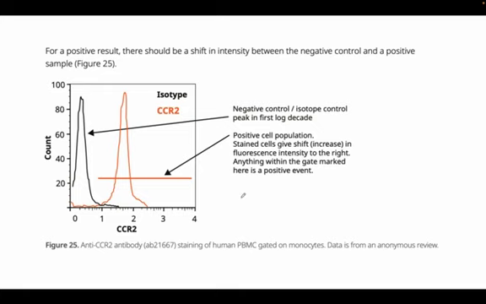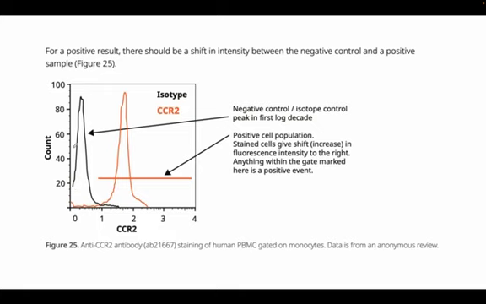And so if we want to look at two different populations of cells, say I have stained and unstained, or my cell and a negative control, then I should be able to see a shift in the intensity. For example, here if I'm looking at the negative control and a positive sample, the black is my negative control. Because it is my negative control, it should not have my protein of interest.